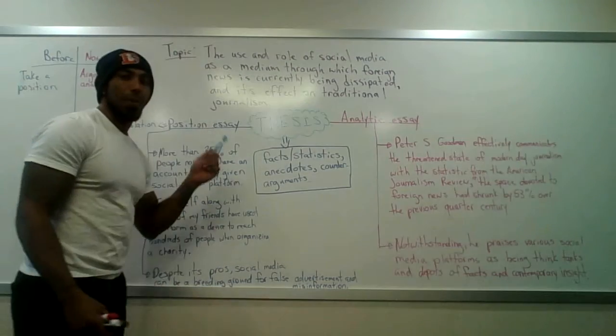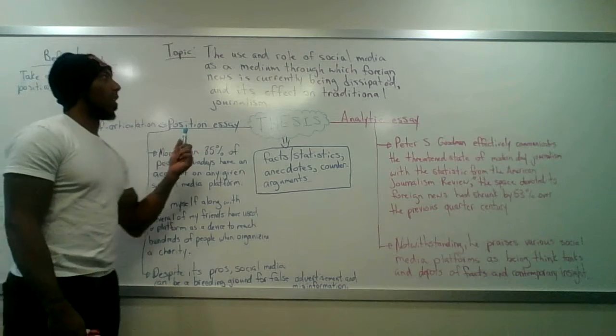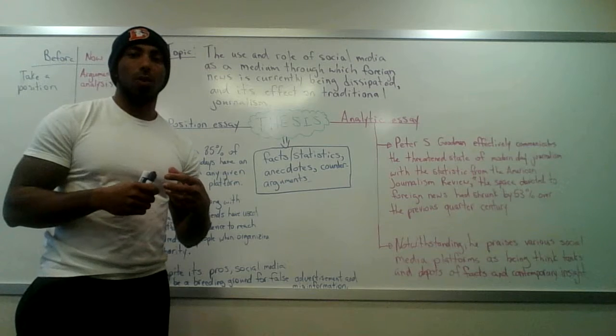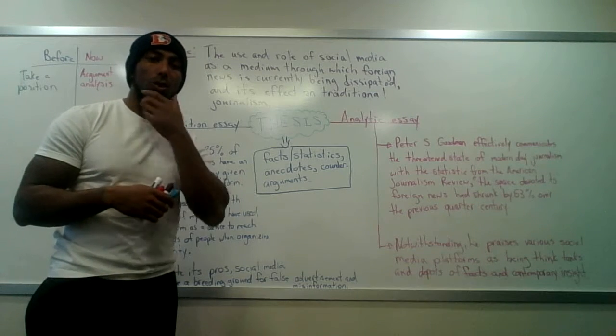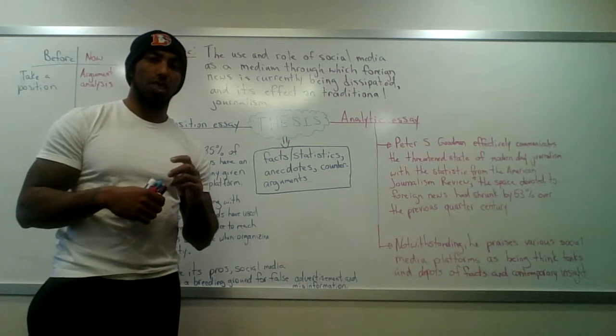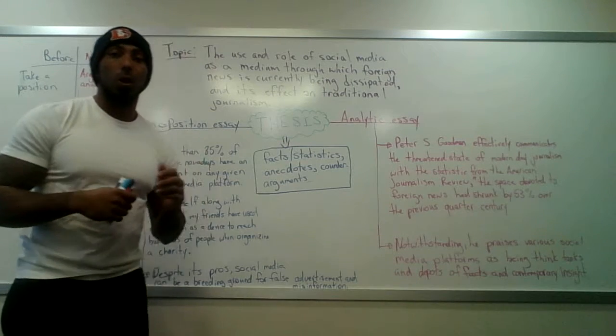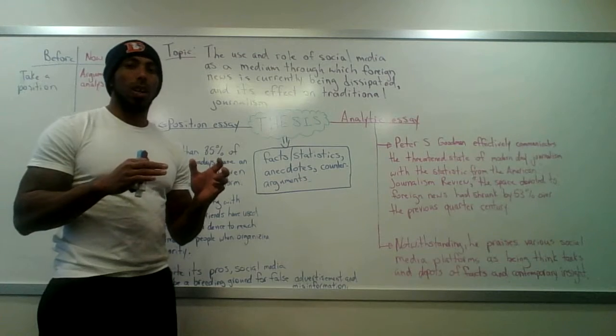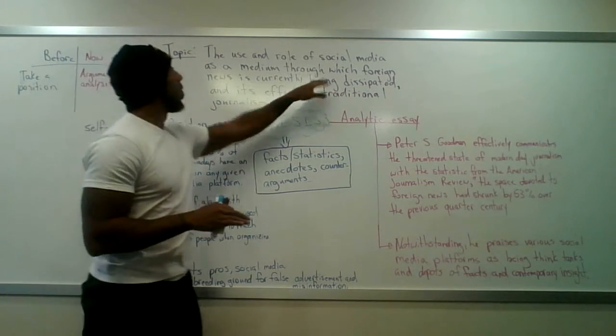So for this topic, okay, talking about social media, Peter S. Goodman is saying how current day contemporary social media kind of threatens traditional journalism, because anybody could post anything on social media taking a stance on any kind of world, and this is particularly about foreign news, right?